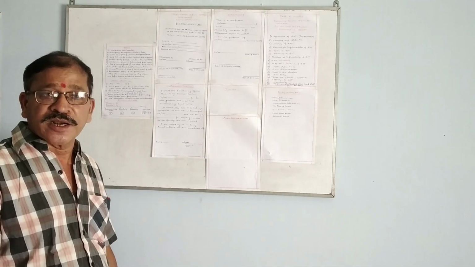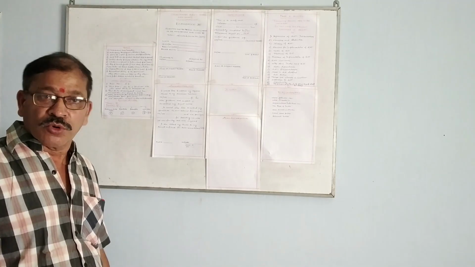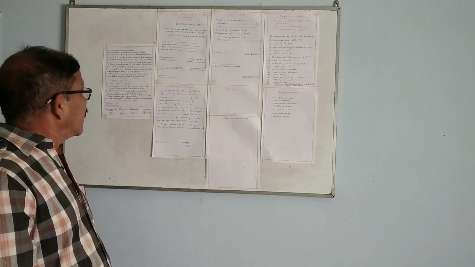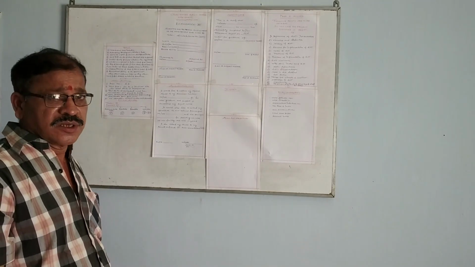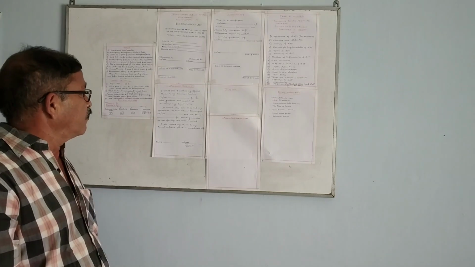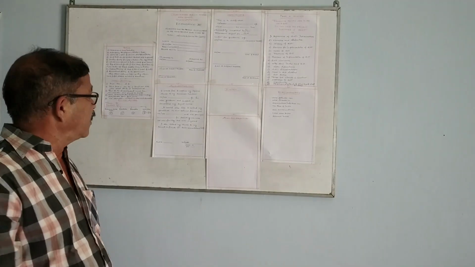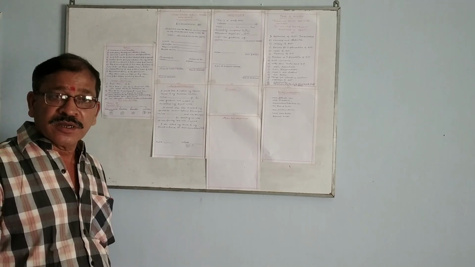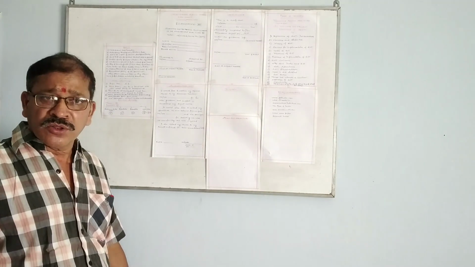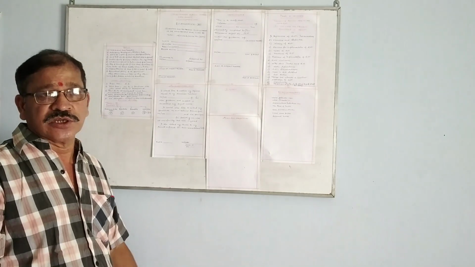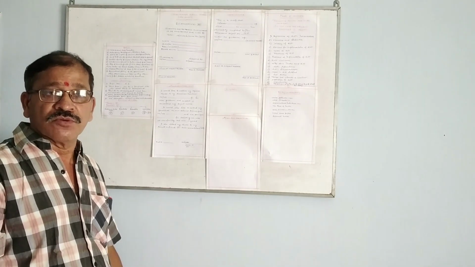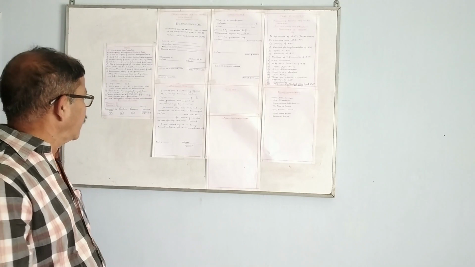Of course, good handwriting will fetch you more marks. Then pictures, graphs, photos, newspaper cuttings, data, they are all very important. And if you incorporate all those things with a beautiful explanation, then definitely you will fetch more marks.